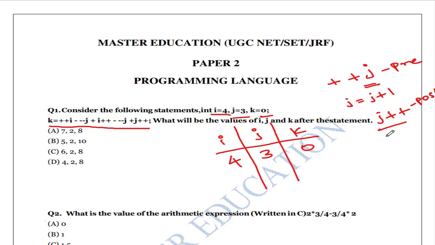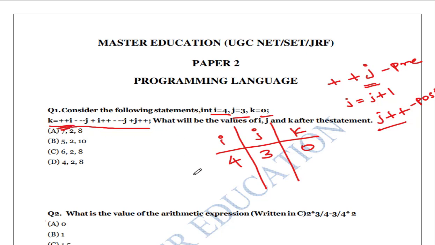In a post-increment, whatever value is present in the j location, first it will take the value from the memory location and then after that it will increment it.